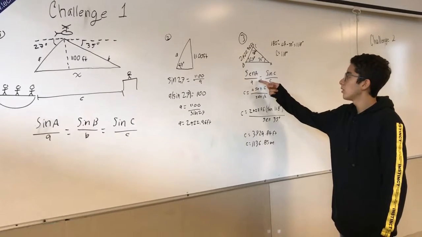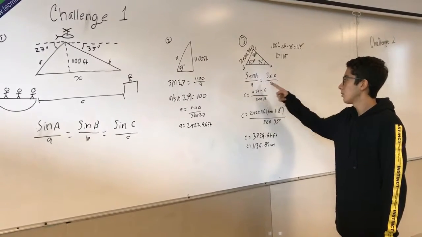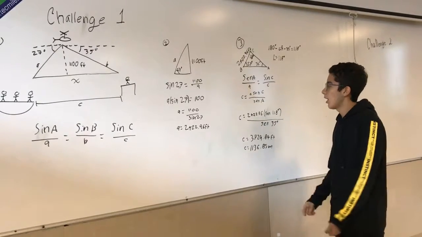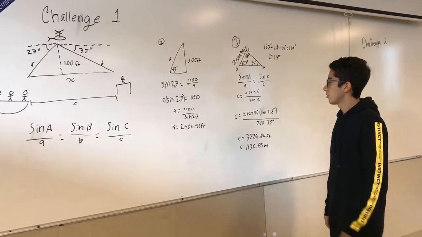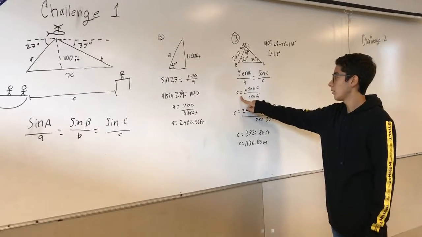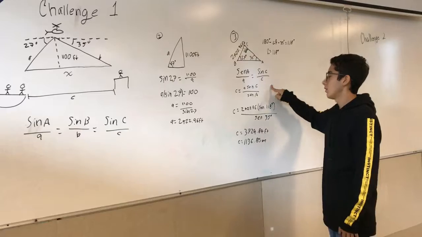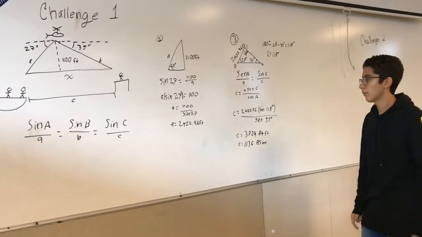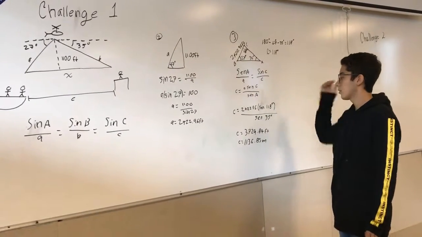This is the law: sin of a divided by a equals sin of c divided by c. So c equals a times sin of c divided by sin of a, and then we only substitute the values.